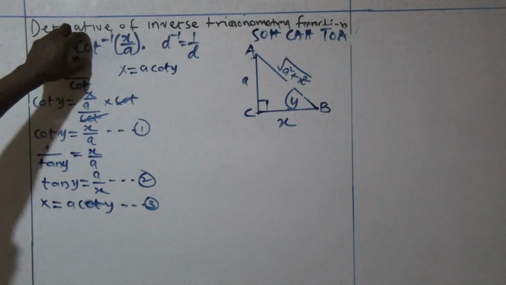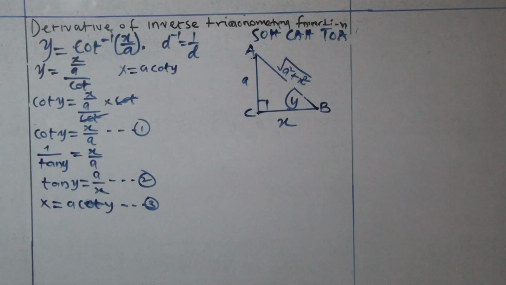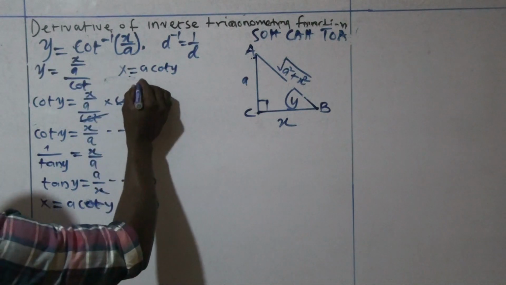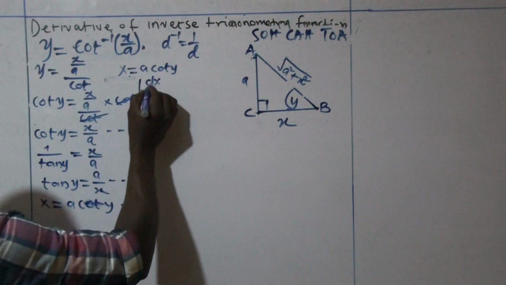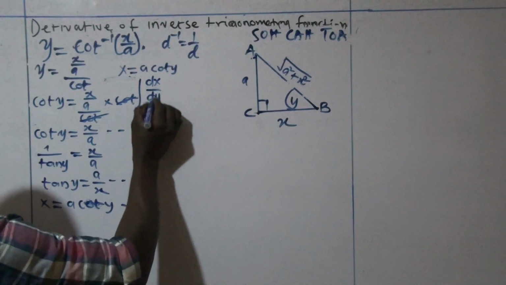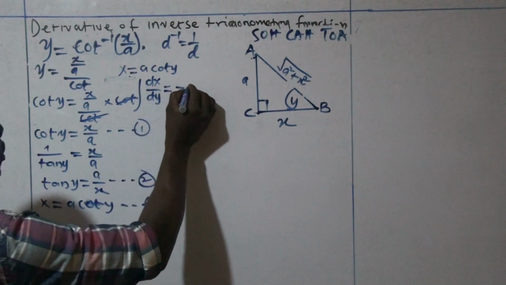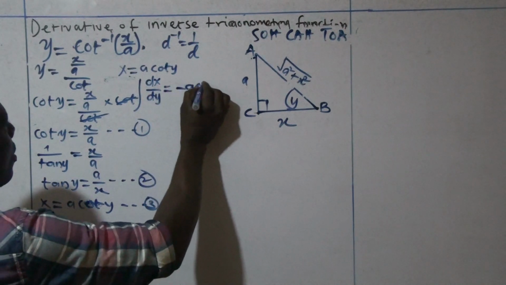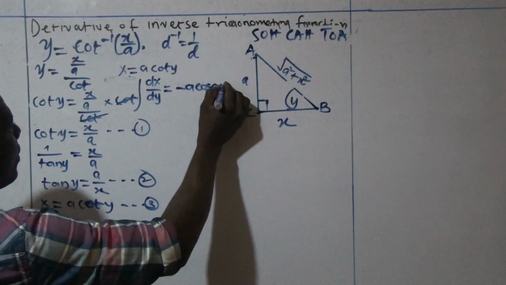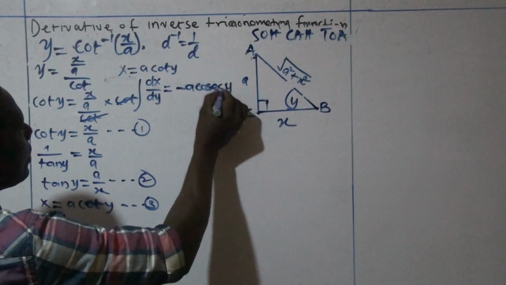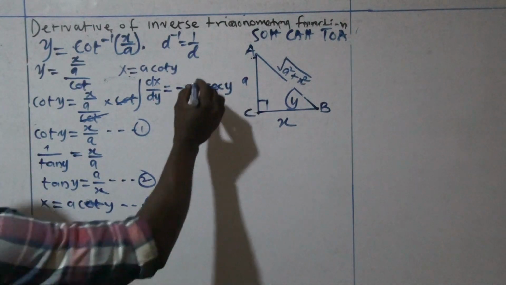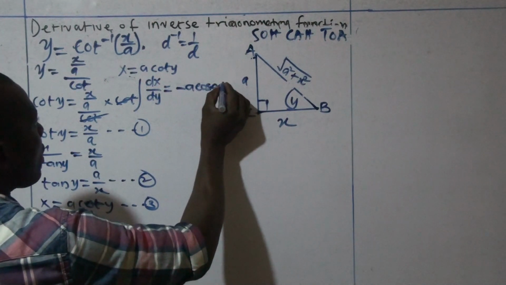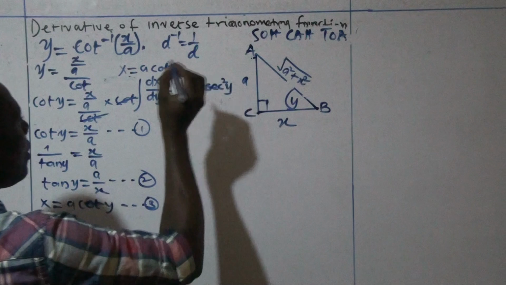If we differentiate this, dx over dy will give us minus a cosec square y.